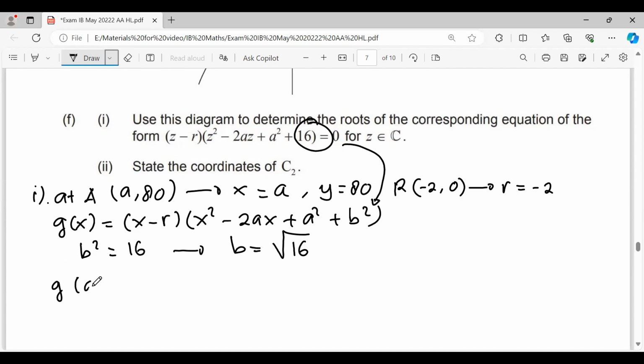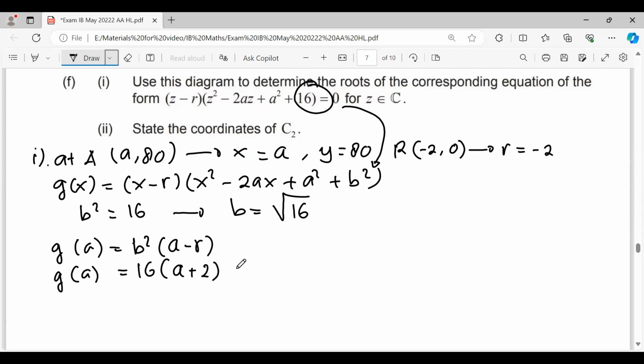Next, g a equals b squared times a minus r. Because b squared equals 16, and a minus r equals 2, minus minus 2, it means there's 2 here.